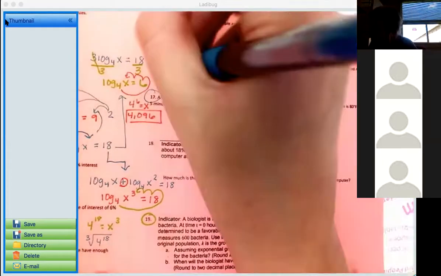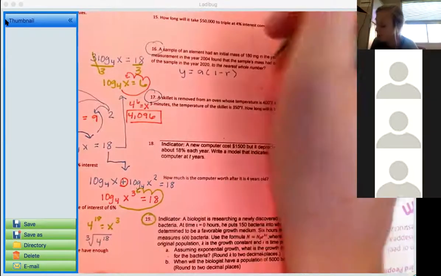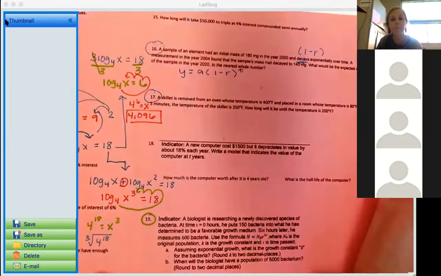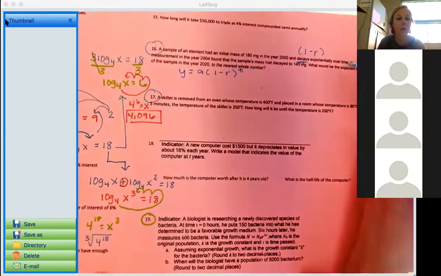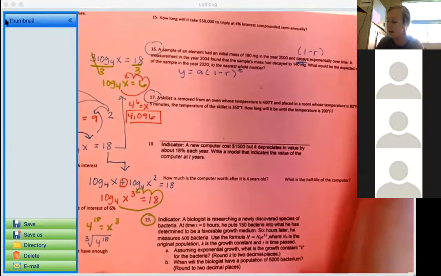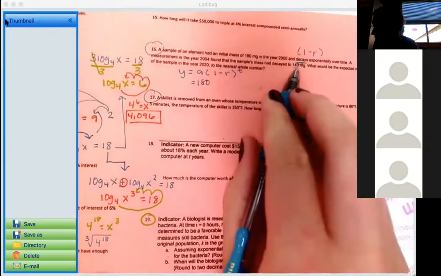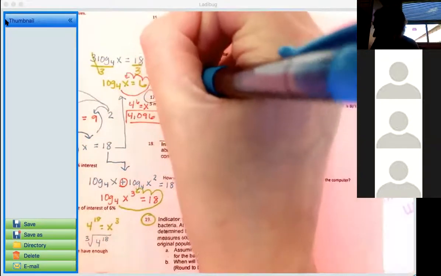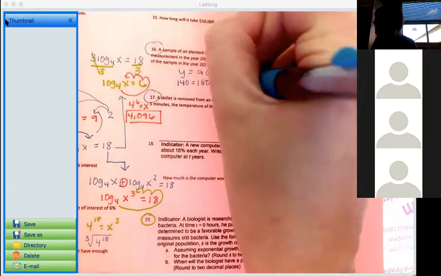So I'm gonna do y equals whatever our initial is, we're talking about decay, and then it's raised to time. This is one of the very first equations we did on that day where we did growth and decay. So my initial was 180. I ended up with 140 after, if we started in 2000 and now it's 2004, how many years has it been? 4.